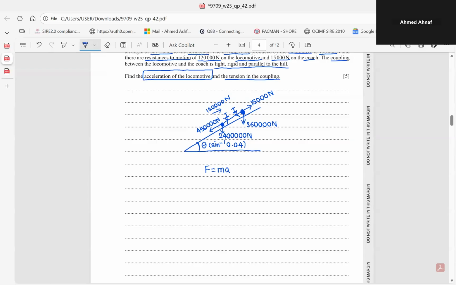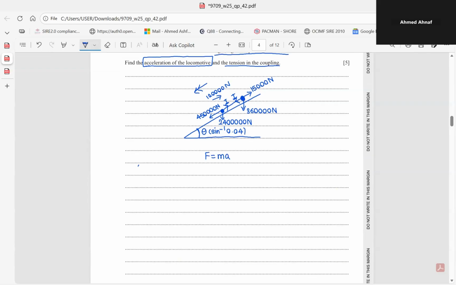So we're going to take the forces acting downhill as positive because it is going downhill. So we'll take the driving force, 450,000 newtons, plus the horizontal component of the weight, which if you zoom in here, is basically just 2.4 million sine theta.